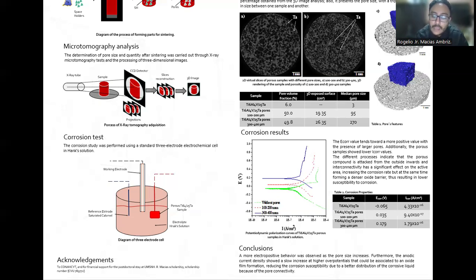The pores cause the sample to be attacked from the outside in, and then the activated area will increase the corrosion rate. At the same time, these large pores favor obtaining a denser oxide barrier and therefore a lower susceptibility to corrosion is presented.